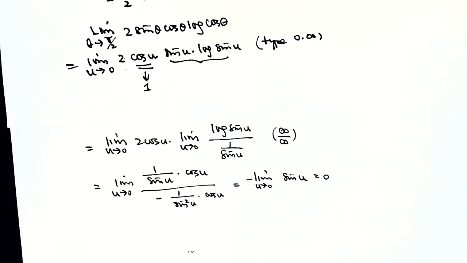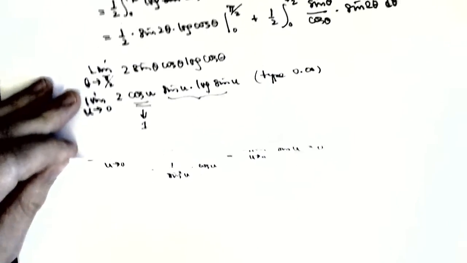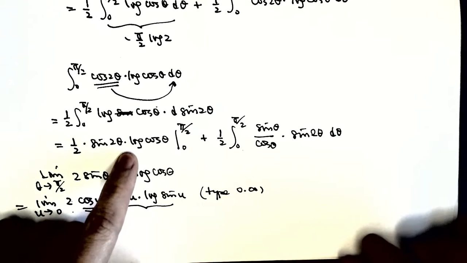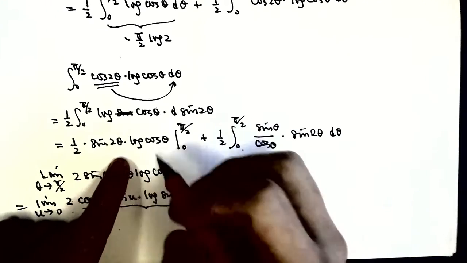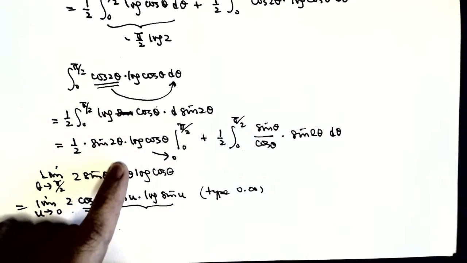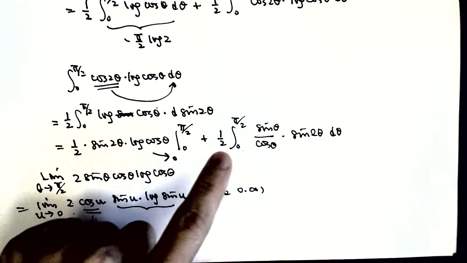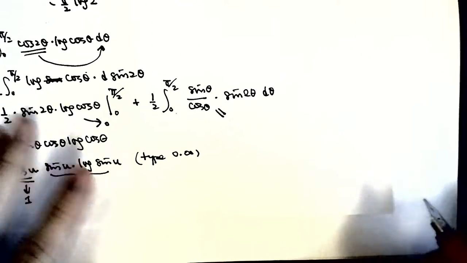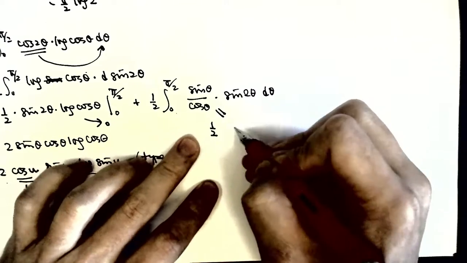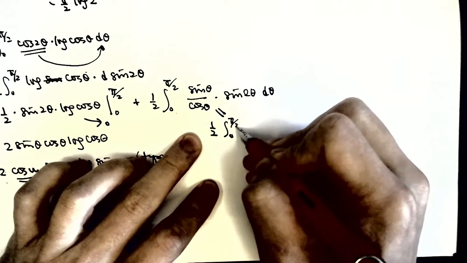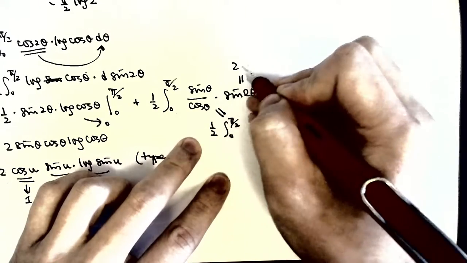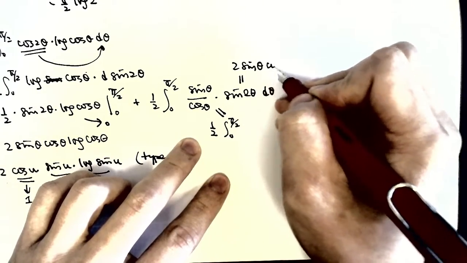So we go back to our original integral. Both boundary terms go to 0, so we have to calculate the remaining integral. We will continue our journey. This is 1/2, and also we know sine 2 theta is just 2 sine theta cosine theta.